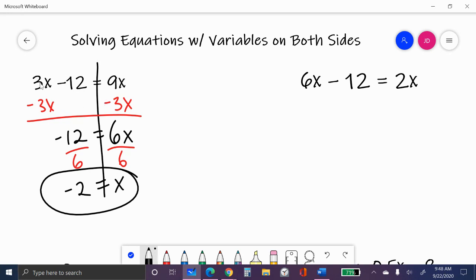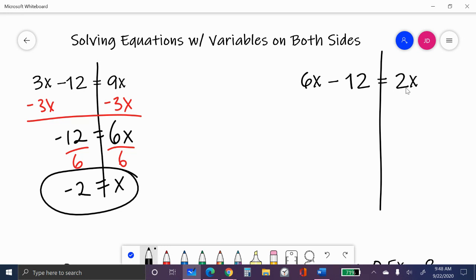Okay, so we want to perform the inverse operations across that equal sign. Over here, again, importance, bringing the line down the equal sign. Now, before I brought the smaller number over, it did 9x minus 3x. This one, if I bring it over here, this would have to be 0 over here, and that is going to give us an extra step.